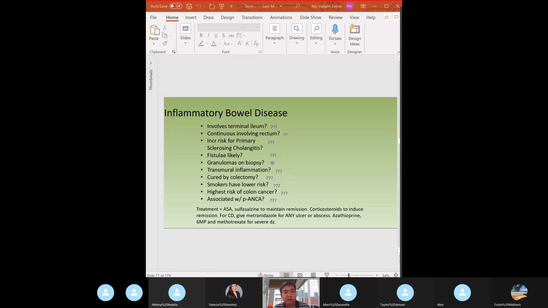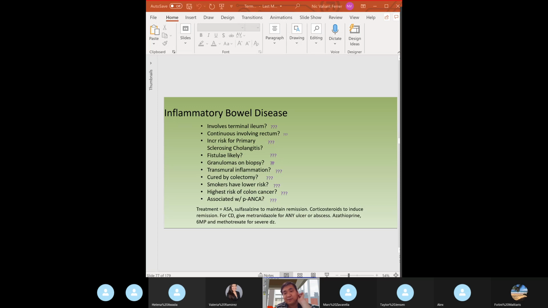Next, cured by colectomy. Colectomy meaning we remove a part of the colon, which is curative. UC, of course. Smokers have lower risk. Controversial. They say it's protective, right?